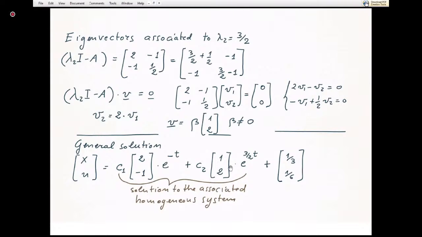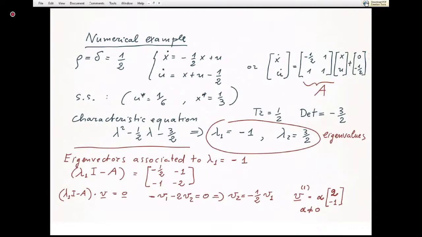But what we also see is that if, in particular, the initial condition is such that C2 is equal to 0, then we will have convergence towards this steady state. Why? Because if C2 is equal to 0, only this term will belong to the transitory part of the solution, but this disappears in the long run, and the solution will be a steady state.